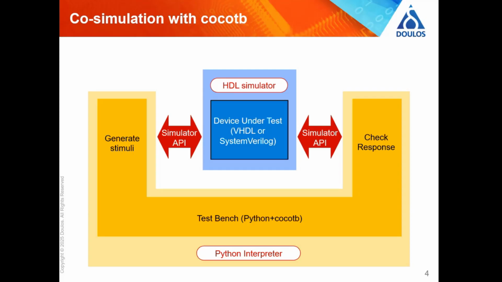And then the Python interpreter runs the Cocotb side. So you run a Python program with the Cocotb package, and that runs in the Python environment, and then that's communicating to the HDL simulator by means of an API. Which API it is depends on what kind of simulator. It's typically VPI or VHPI, depending on whether we're in System Verilog land or VHDL land.